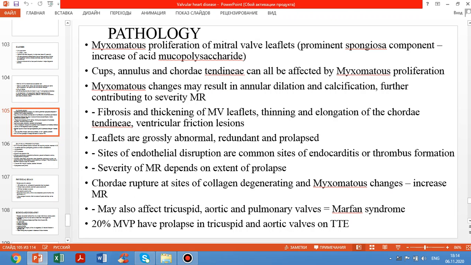Chordae rupture at sites of collagen degeneration and myxomatous changes increases mitral regurgitation. May also affect tricuspid, aortic, and pulmonary valves in Marfan syndrome. 20% of mitral valve prolapse patients have prolapse in tricuspid and aortic valves on transthoracic echocardiography.